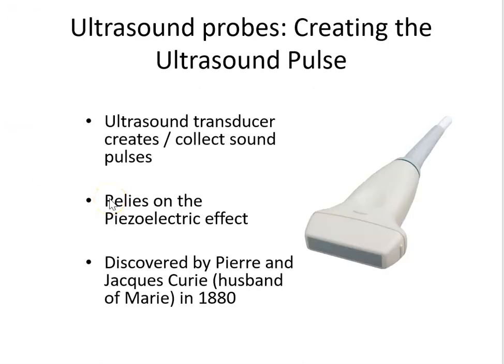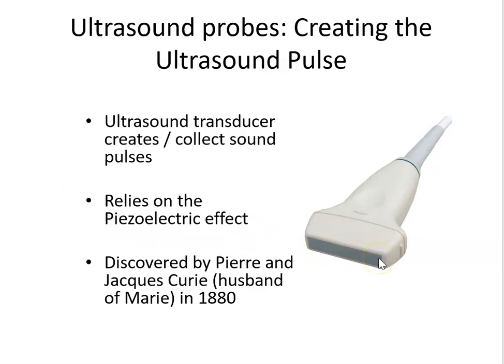Okay, so we're going to look at the ultrasound probes now and look at how they work. All of the ultrasound probes are effectively piezoelectric crystal based, and they all work in the same way, in that you use electricity to distort a piezoelectric crystal.